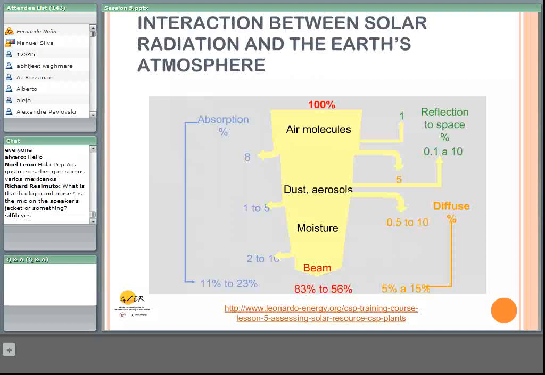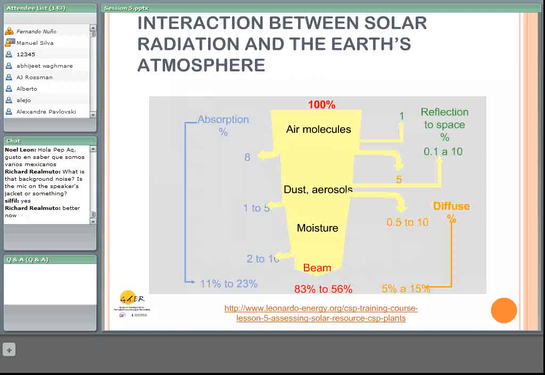For example, the air molecules, which have a more or less constant composition, absorb 8% of the solar radiation and reflect to space about 1% and 5% to the Earth. Dust and aerosols absorb and reflect in different proportions depending on their composition.